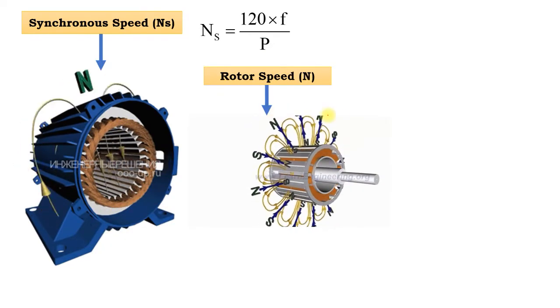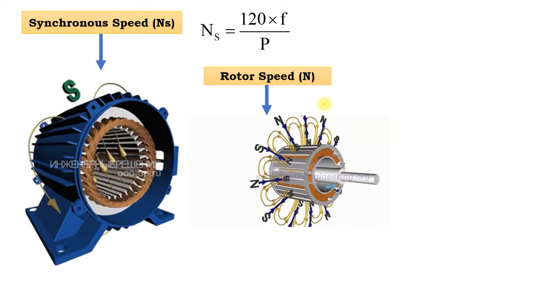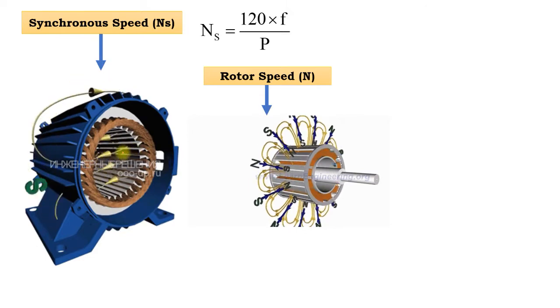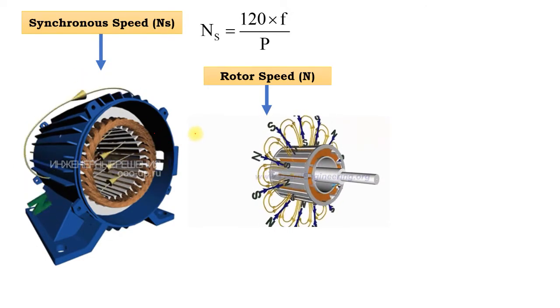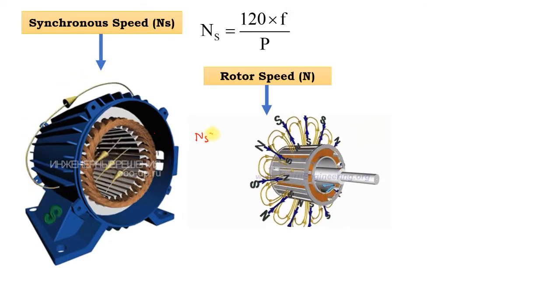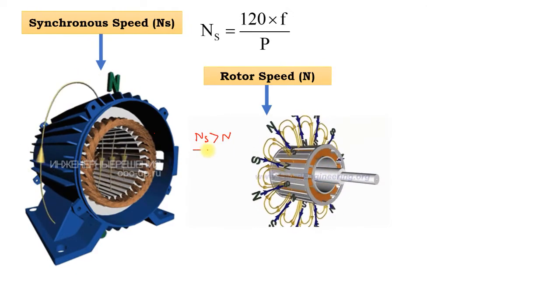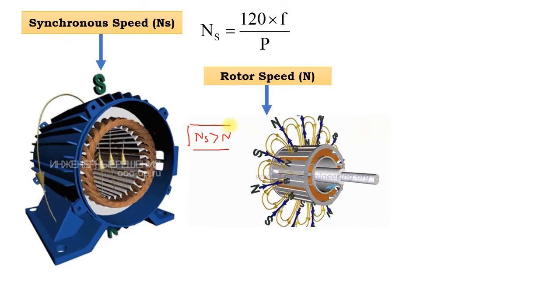Now the rotor rotates with a speed called N. In the three-phase induction motor, one important point we have to always remember is that the synchronous speed is always greater than the rotor speed. This concept is very important.